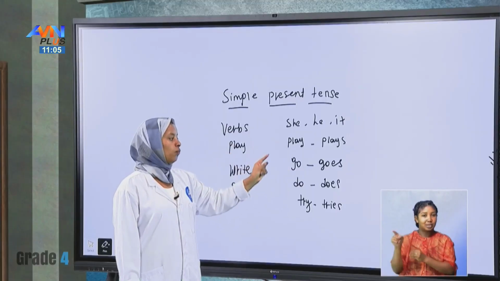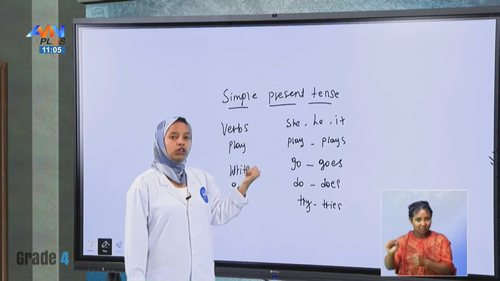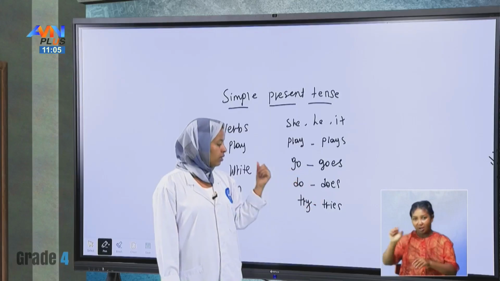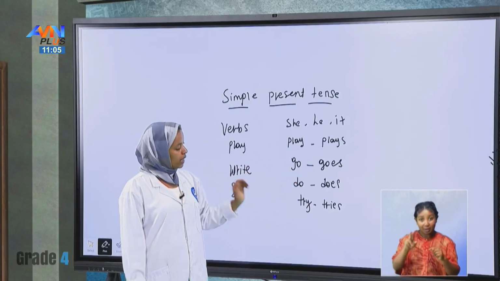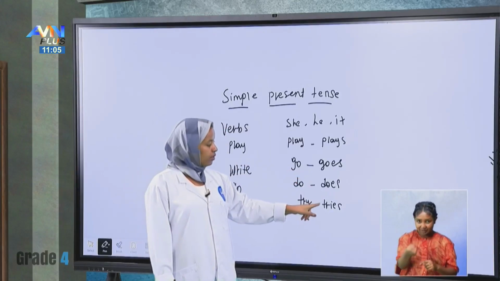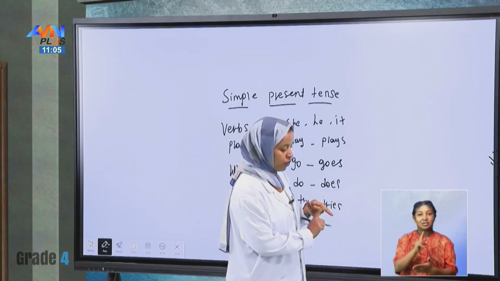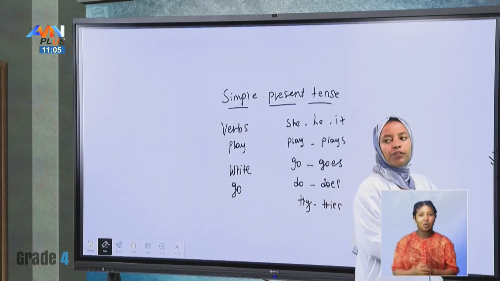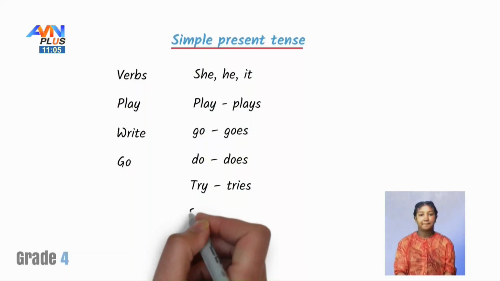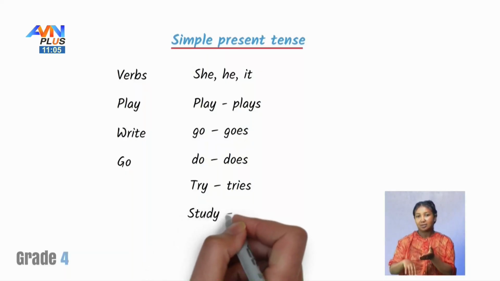Here is go, goes, do, does, try. We just cancel y and add ies. Here is try, tries. We can add even more examples, like study, studies.